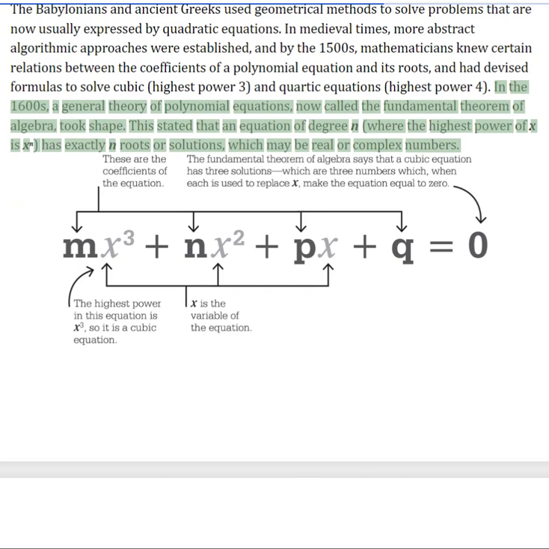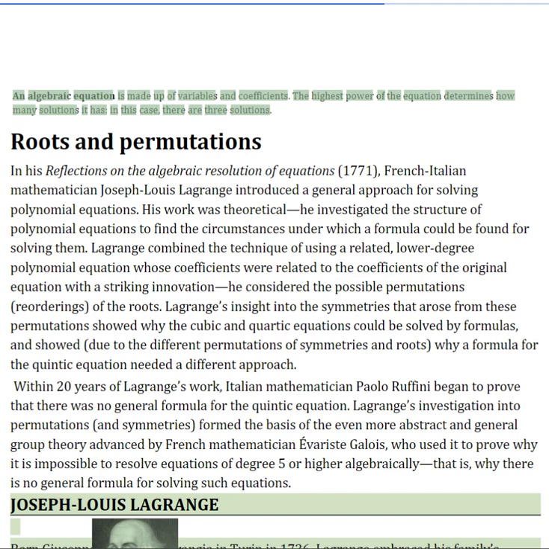In the 1600s, a general theory of polynomial equations, now called the fundamental theorem of algebra, took shape. This stated that an equation of degree n has exactly n roots or solutions, which may be real or complex numbers. An algebraic equation is made up of variables and coefficients. The highest power of the equation determines how many solutions it has. In this case, there are 3 solutions.